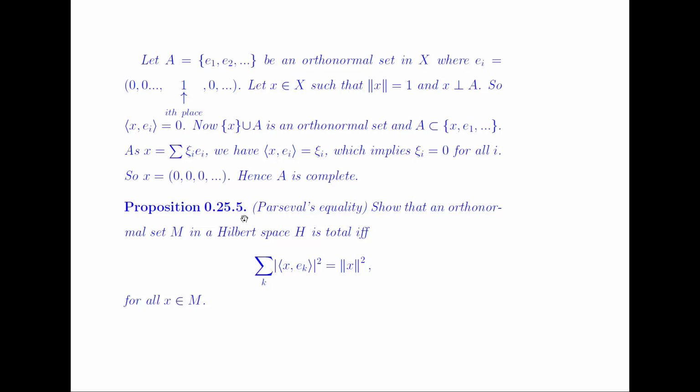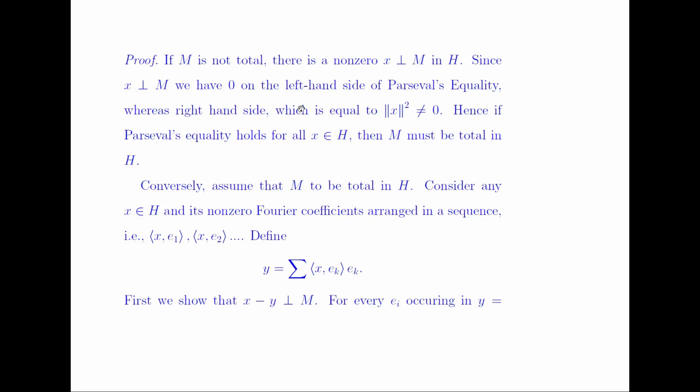Now we discuss Parseval's equality, which tells us that an orthonormal set M in a Hilbert space H is total if and only if the summation of the modulus of the inner product of x comma e_k, squared, is equal to the norm of x squared for all x belonging to H. Now if M is not total, then there is a non-zero element x in H which is perpendicular to M. Since x is perpendicular to M, we have 0 on the left hand side of Parseval's equality, whereas the right hand side, which is equal to the norm of x squared, is not equal to 0.